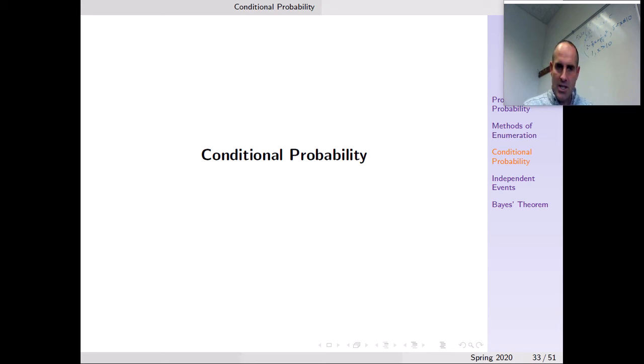Okay? All right, so let's talk about conditional probability. Again, I've kind of articulated what the general idea is in class. Namely, we're now computing probabilities of certain events given information about the events in question. So the example I gave in class was, suppose I draw a random card and I tell you the card I drew is a heart.